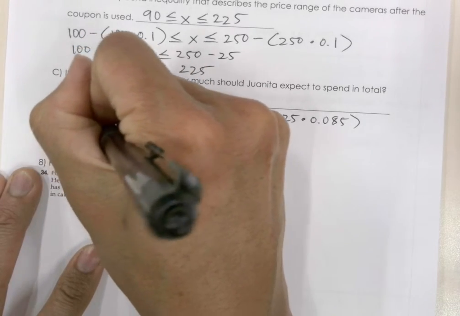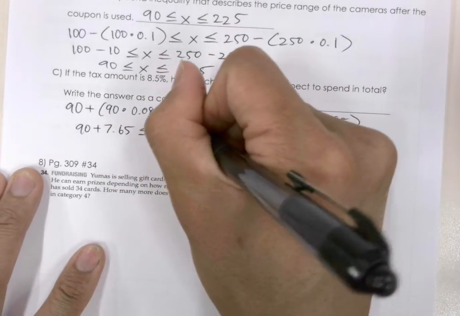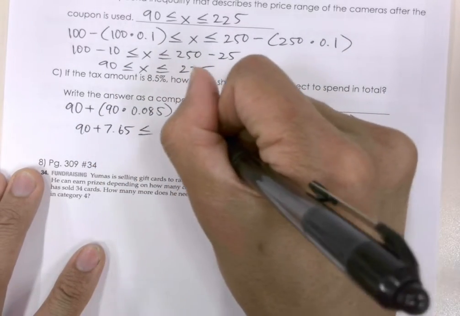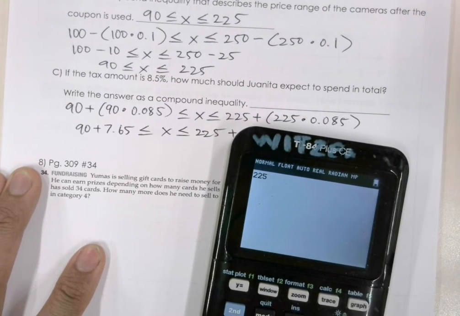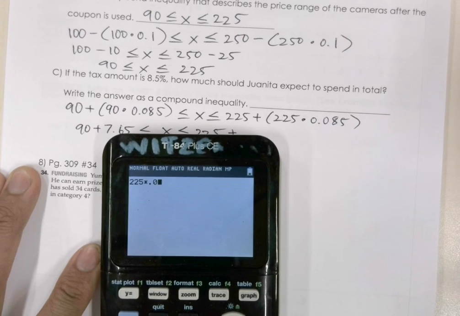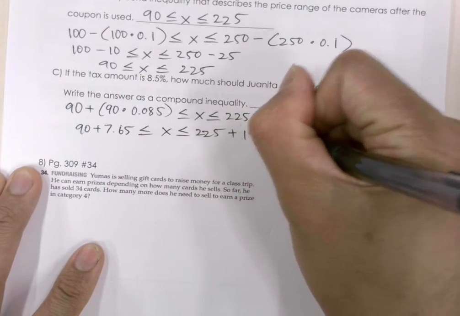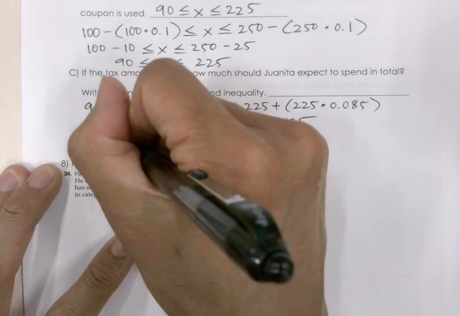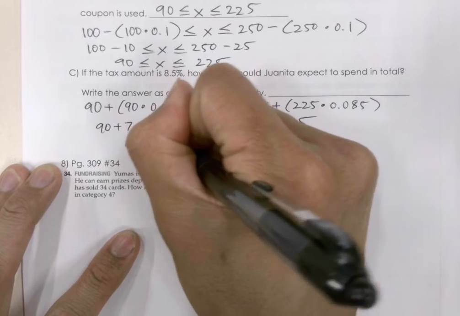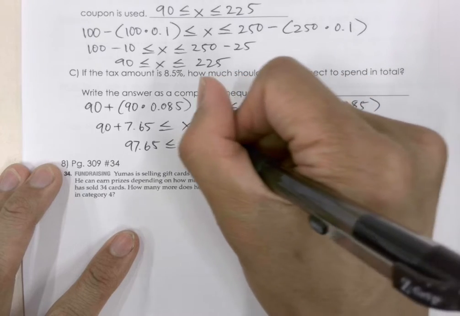So 90 plus 7.65 is less than or equal to X is less than or equal to 225 plus 225 times 0.085, which is 19.125. Alright, so let's go ahead and add these together. We'll have 97.65 is less than or equal to X, which is less than or equal to 244.125.